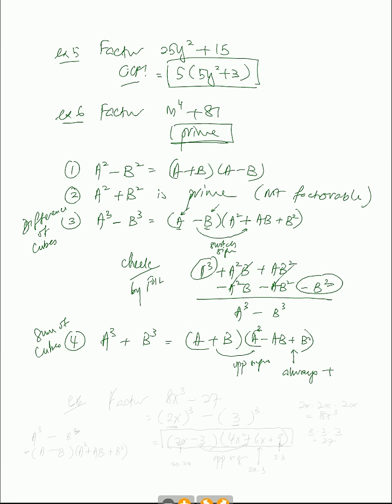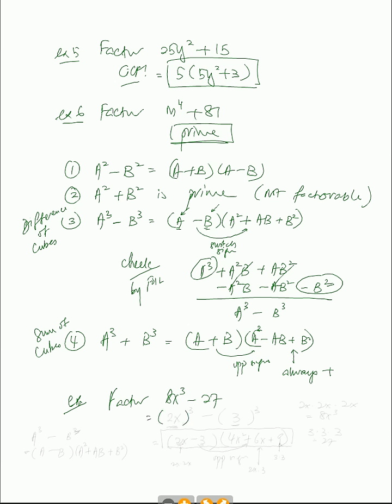Okay, so let's see us applying these formulas. So let's call this example. Can you factor, say, 8x cubed minus 27? So you notice that this is made up of two terms, and how do I know it's the cube family and not the square family? Because no number squared will give me 8, but 2 times 2 times 2 will give me 8.